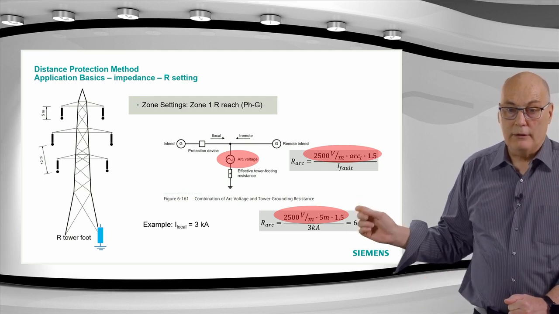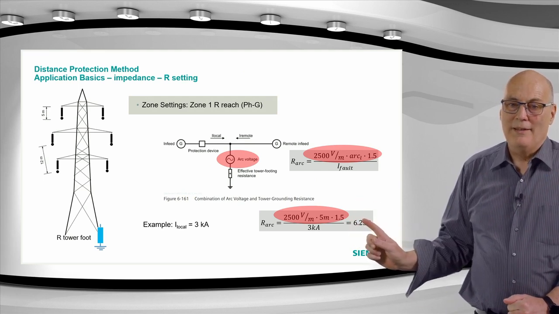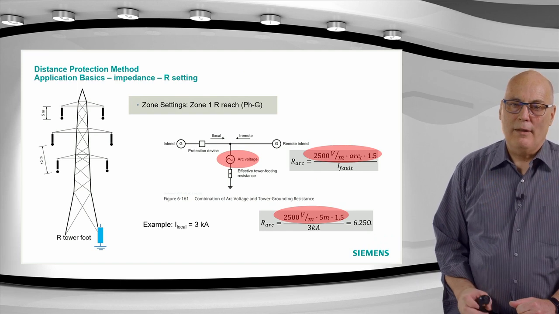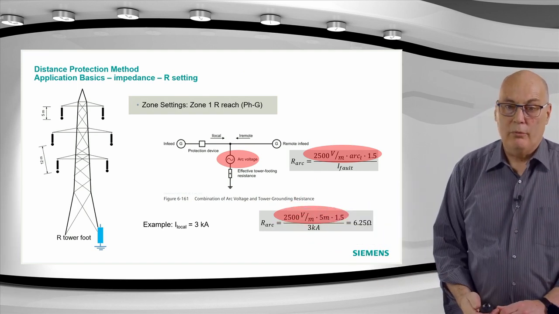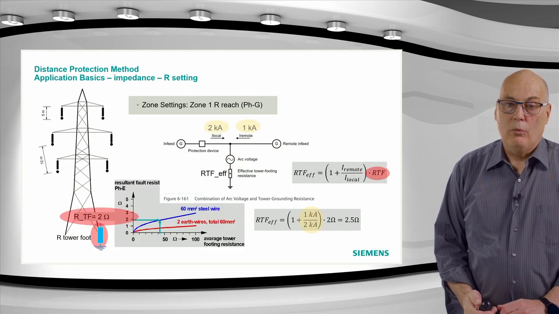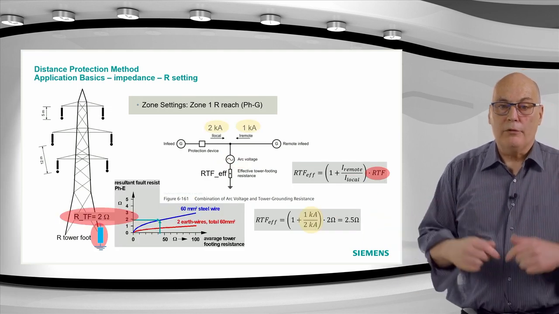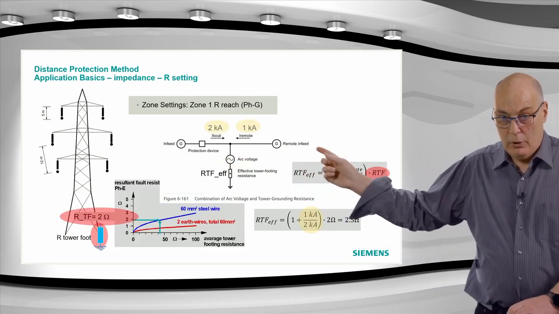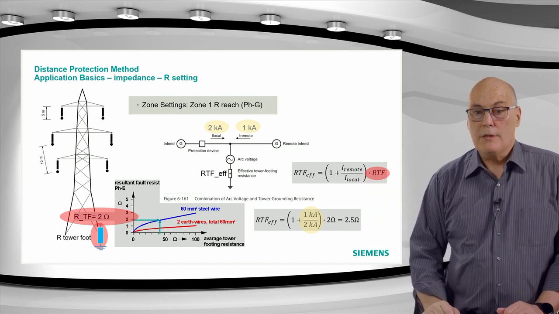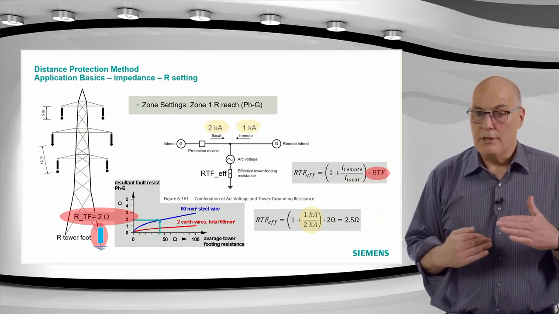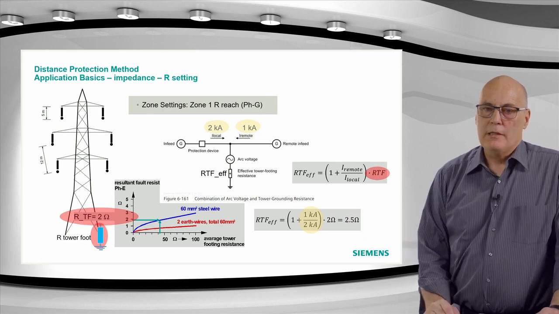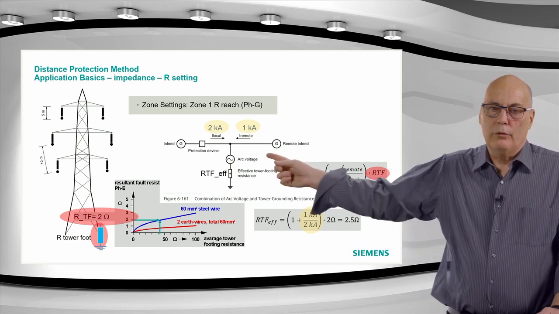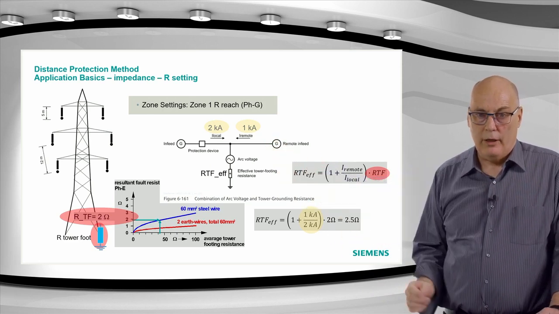At the bottom you can see the arc resistance, first the 6.25 ohms there, and we do that with 3 kiloamps in this example for the local current. And for the tower footing resistance, as I said, you have to consider the remote in-feed as well, because it's a resistance like in Ohm's law, and the sum of the currents must be considered. So we have to sum those two, the 2 kiloamps from locally and the 1 kiloamp remote.